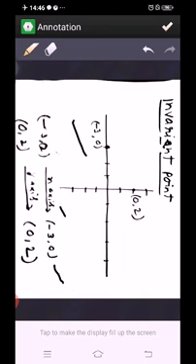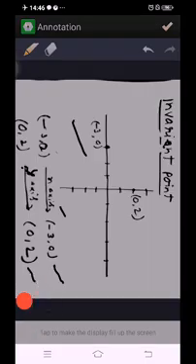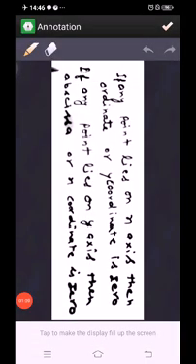Similarly 0, 2 when reflected in y-axis, then we are getting image 0, 2. It means 0, 2 is invariant in y-axis. If any point lies on the x-axis, then the ordinate or y coordinate is 0.